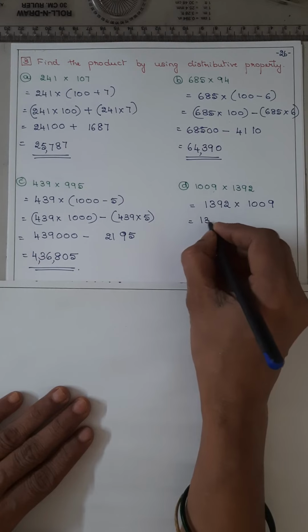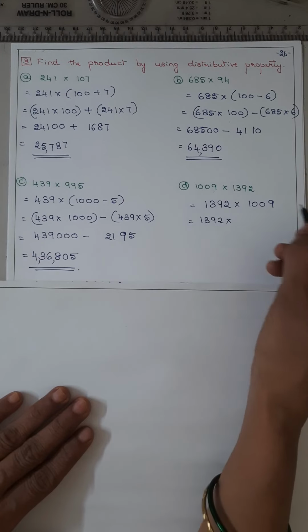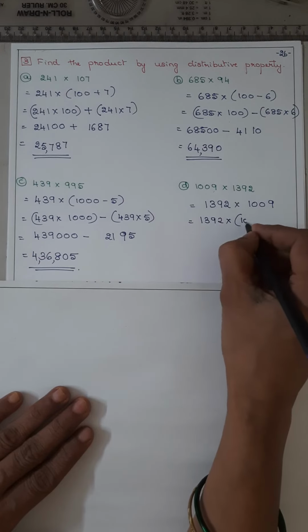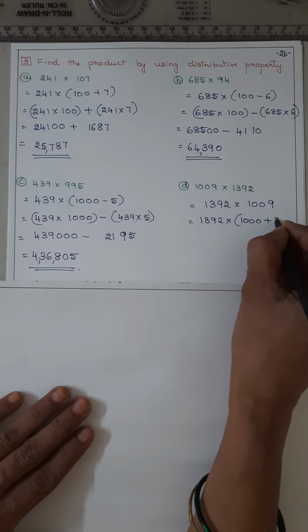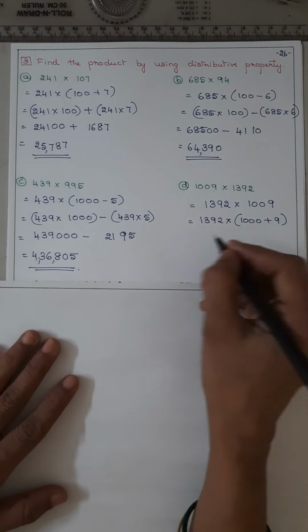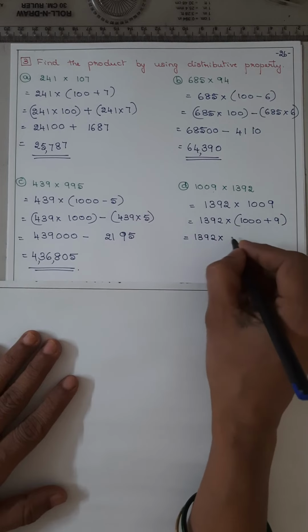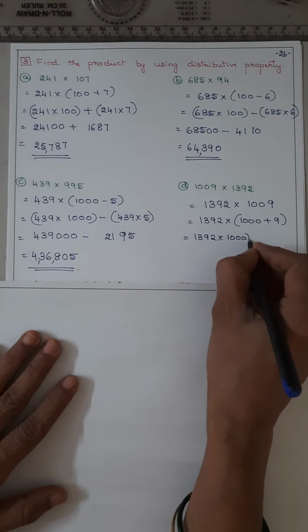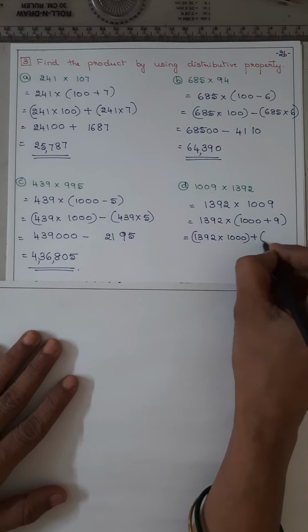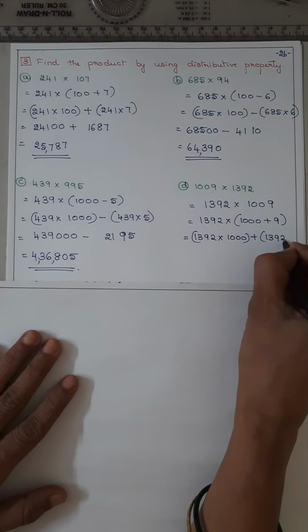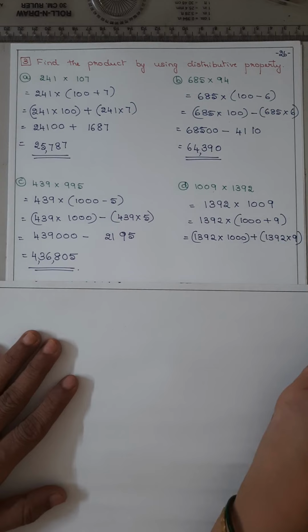So 1392 into, so 1009 can be written as 1000 plus 9. So 1392 into 1000 plus 1392 into 9.